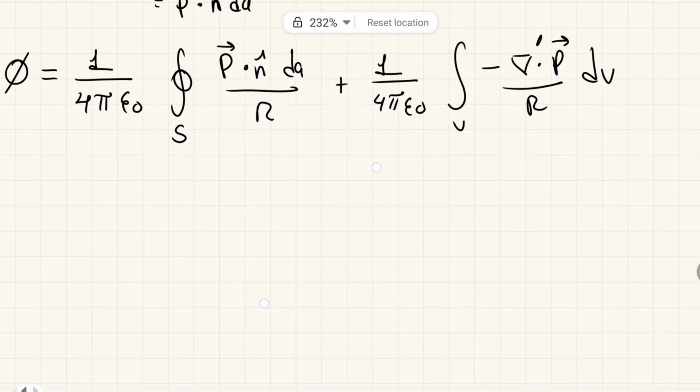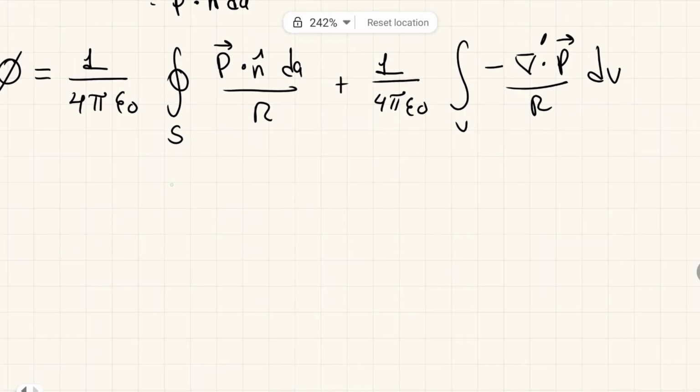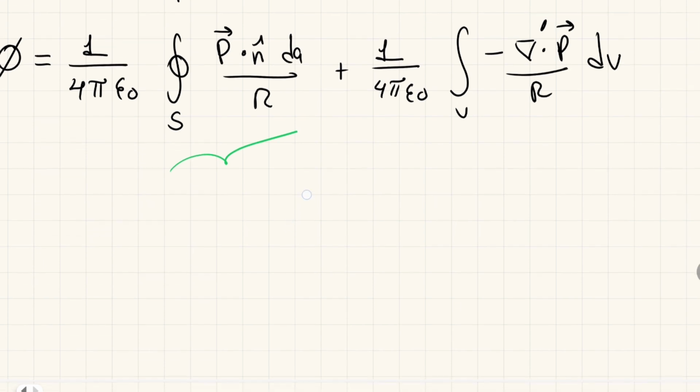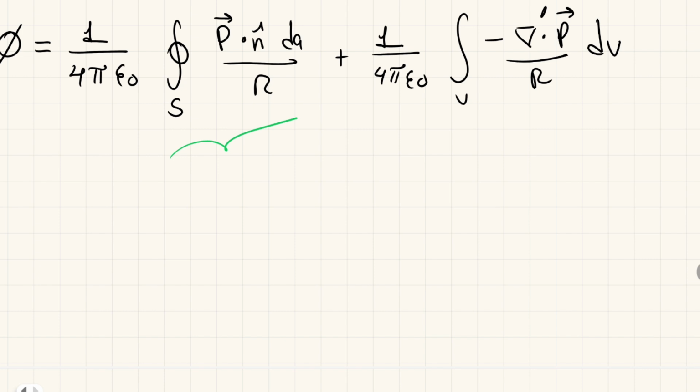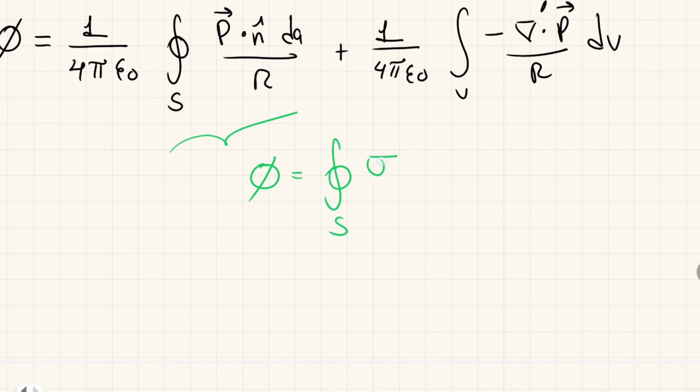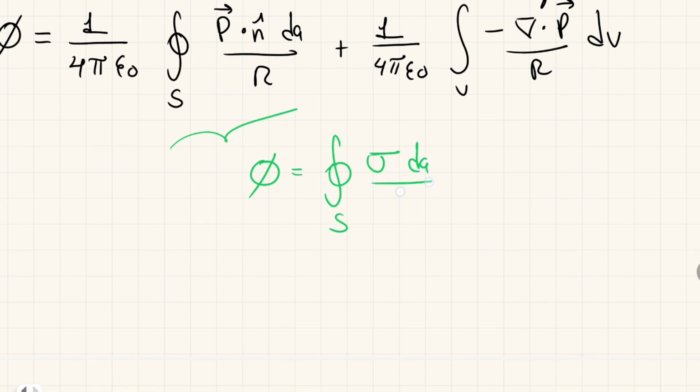So we need to notice that if we look at this expression, it corresponds to the electric potential due to a surface distribution of electric charges. Why is that? Because we know that if we want to calculate the electric potential of that surface distribution of electric charges, we need to take the surface integral of a certain sigma distribution times dA over r.